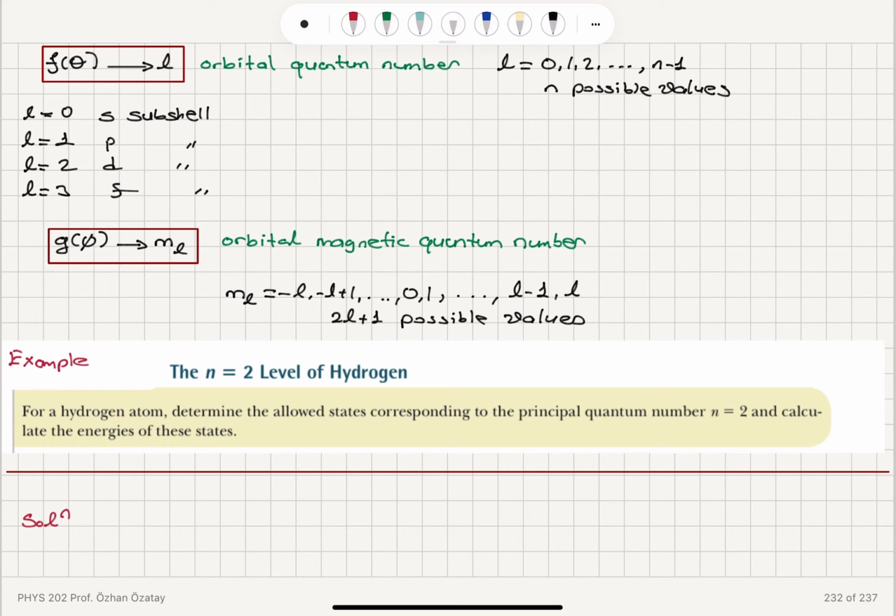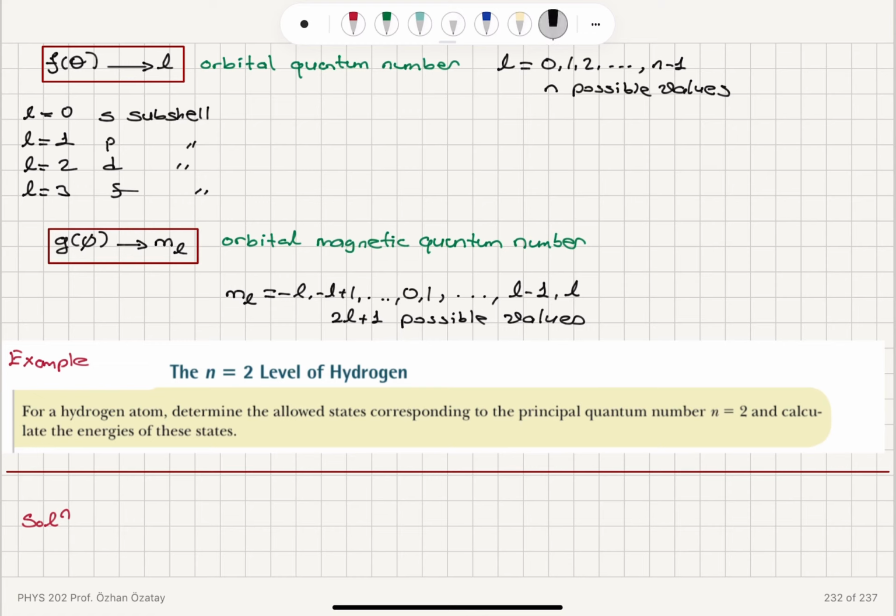So let's consider an example, the n equals 2 level of hydrogen. For a hydrogen atom, determine the allowed states corresponding to the principal quantum number n equals 2 and calculate the energies of these states.